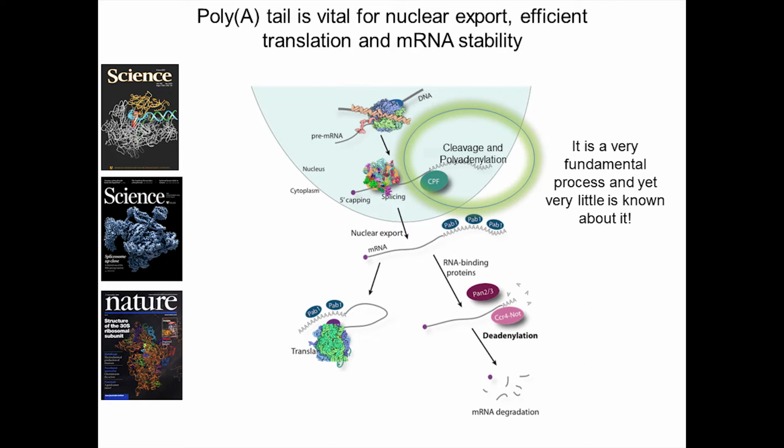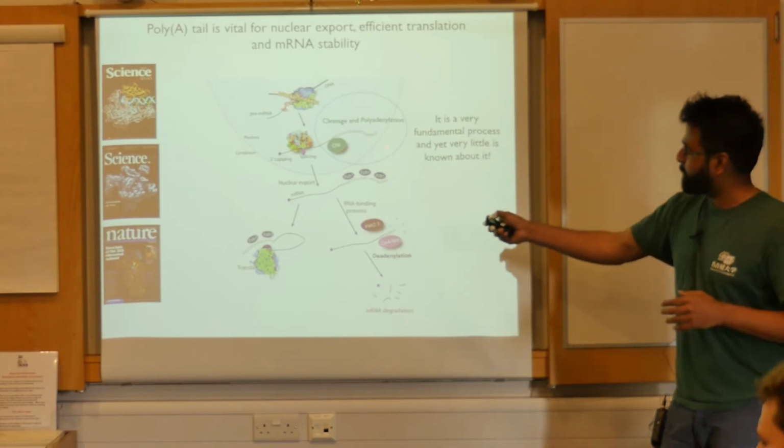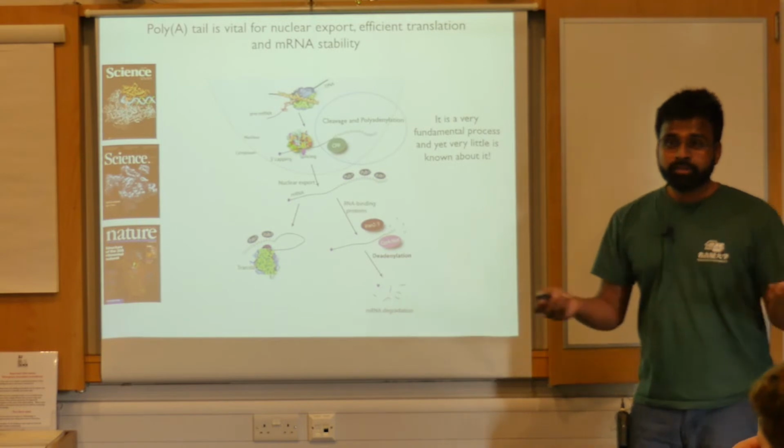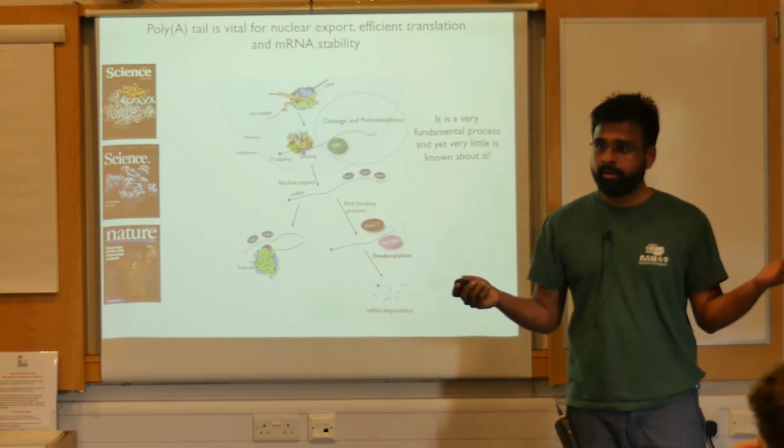But if we look at the molecular machine known as CPF, which is called the Cleavage and Polyadenylation Factor, which carries out the process of cleavage and polyadenylation, there are no such structures available so far.